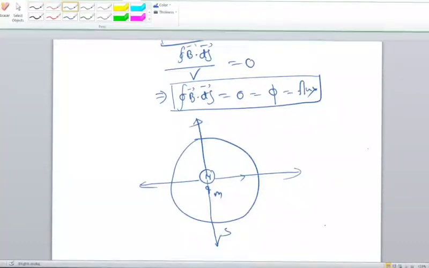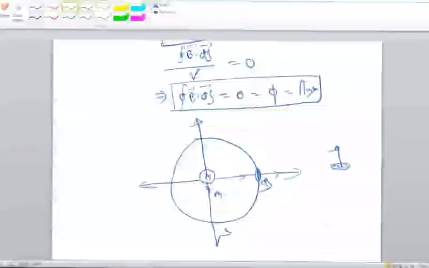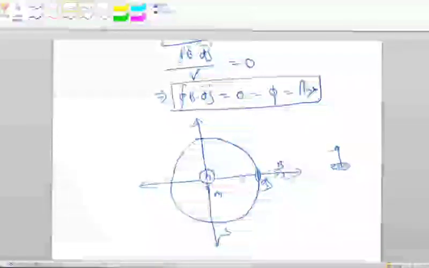If we take a small surface area ds, and area is a vector quantity whose direction is perpendicular to the plane, then the ds direction will be in that direction, and the magnetic lines of force also indicate the magnetic field direction, that is B direction.